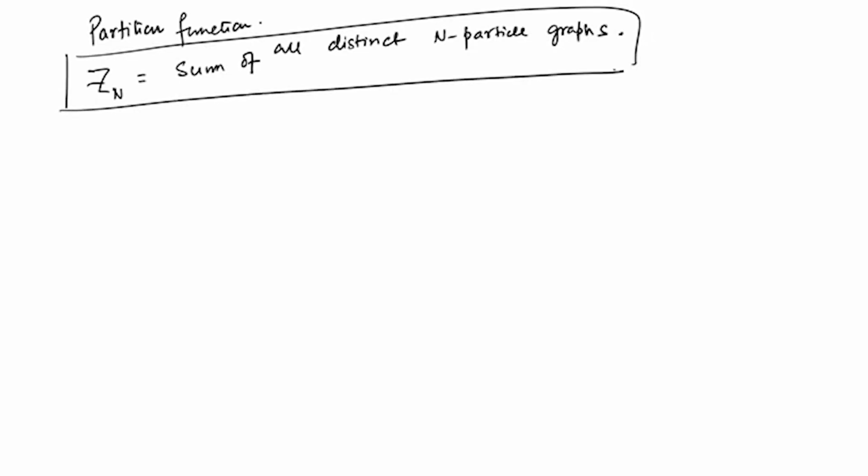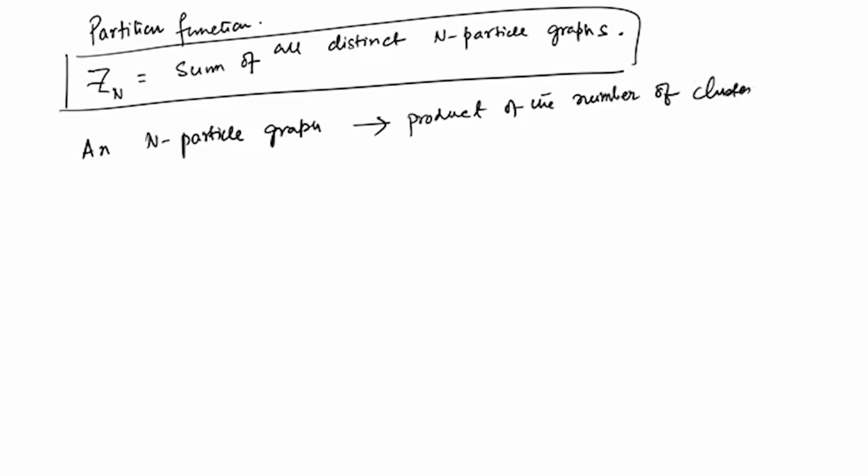So, we have to calculate all these distinct n particle graphs. So, what is an n particle graph? An n particle graph is a product of the number of clusters, of which there are ml L clusters.